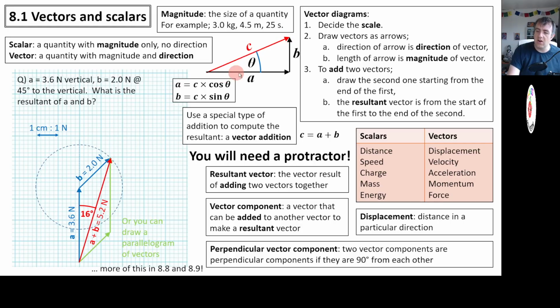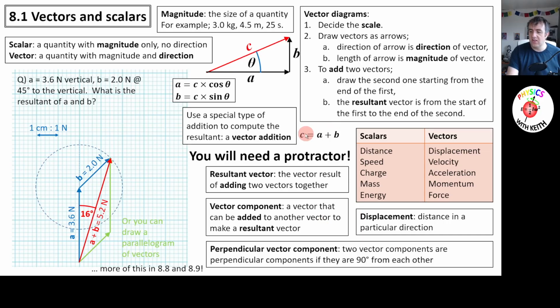And we can use Pythagorean theorem to show that the square of 3 plus the square of 4 must equal the square of the hypotenuse. Well, 3 squared is 9, 4 squared is 16, 9 add 16 is 25, and the square root of 25 is 5. So A plus B is C, 3 plus 4 is not 7, it's 5. 3 plus 4 is 5, there we go. But it's because it's a vector addition.